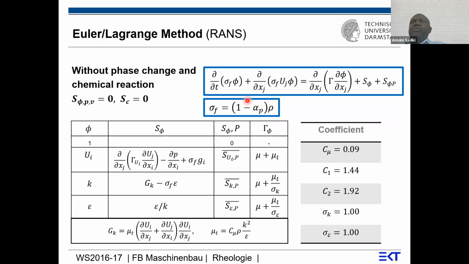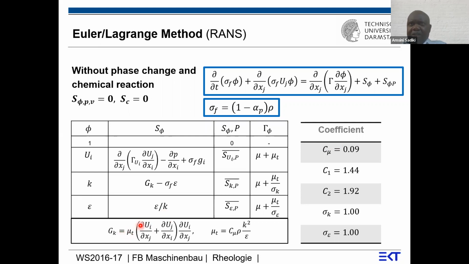This factor accounts for what we introduced yesterday, the particle volume fraction. This means that if you have the particle volume fraction, here it is the liquid volume fraction. It accounts for the space occupied by the particles within the system. So because we deal with the k-epsilon model, in our case, we have different coefficients.